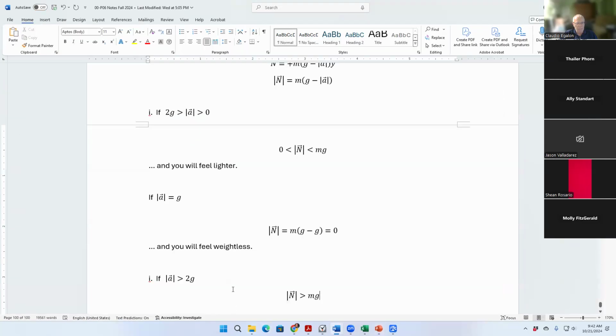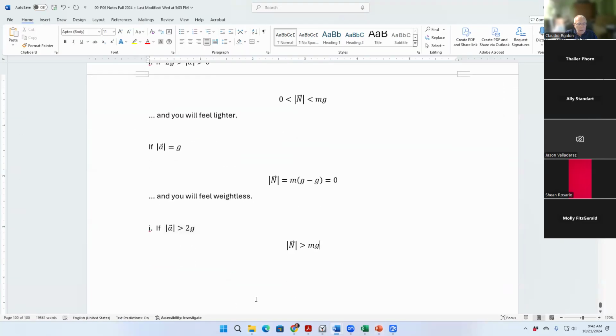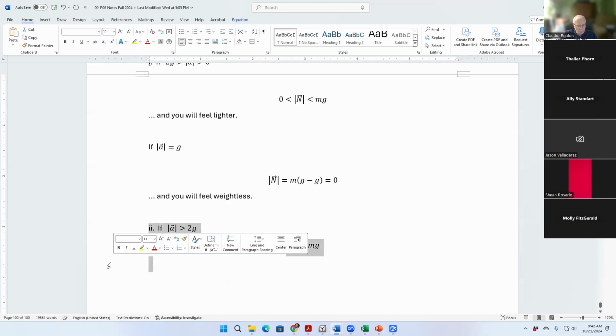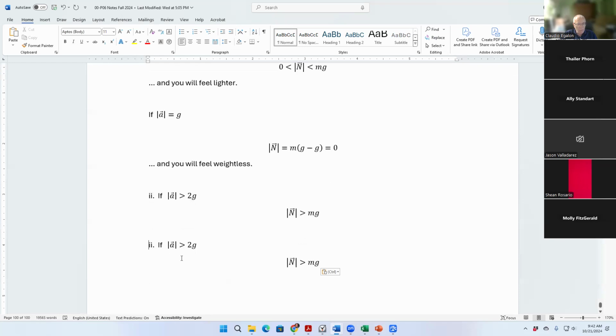Let's see, I'm going to put another one. For A exactly equal to G, normal is going to be mg. In this case, you will be upside down.